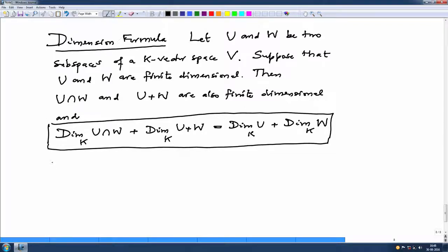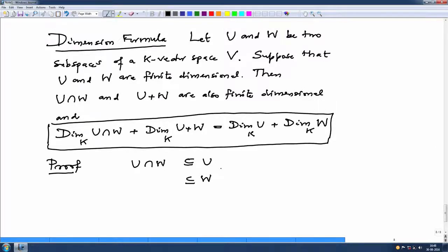So, first of all, proof. Note that U intersection W is a subspace of U and also a subspace of W, and U is finite dimensional, given, and we have just checked above that a subspace of a finite dimensional space is also finite dimensional.